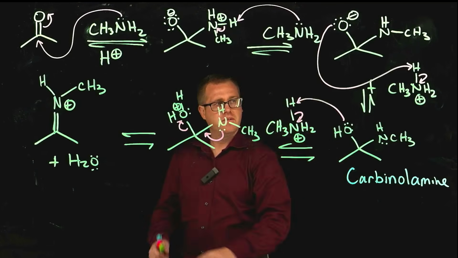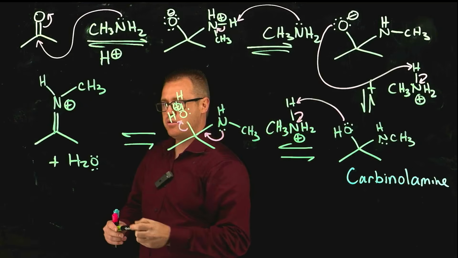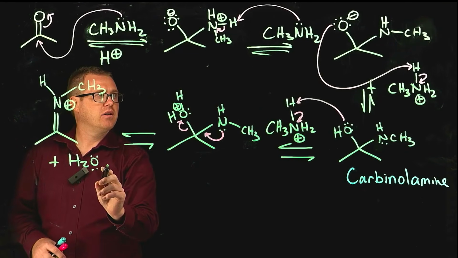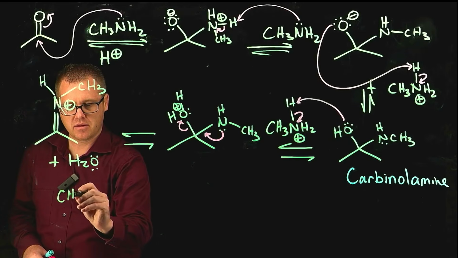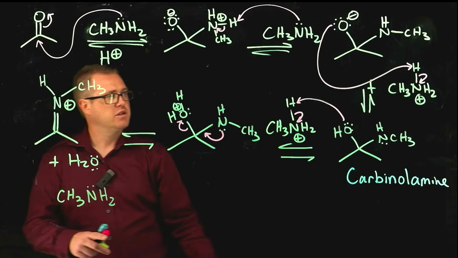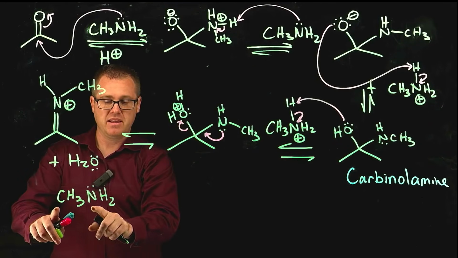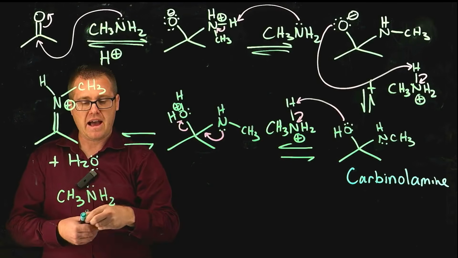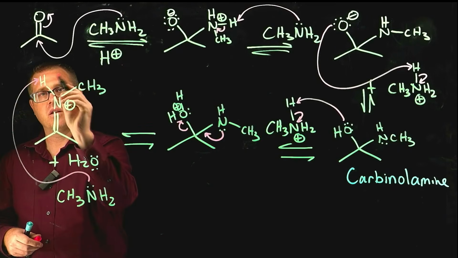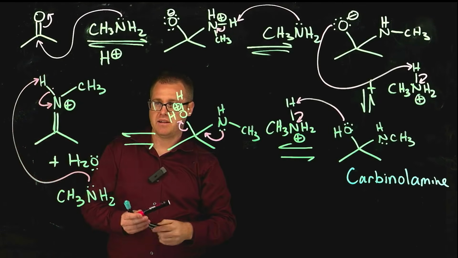And then we have this piece right here that hasn't been used. So that's going to act as our base. See how this acid loses the proton and now becomes this. Now that piece is going to be used to deprotonate.